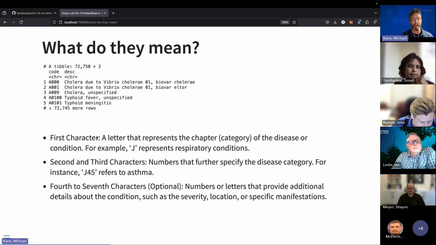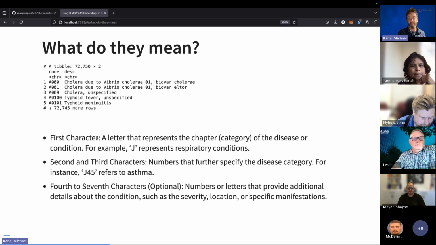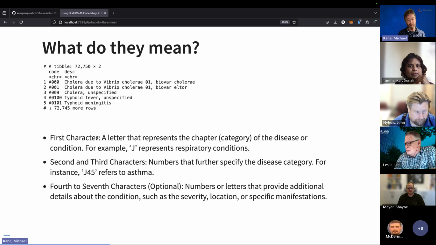Just a little bit more background on the ICD-10 codes: what do they mean? The first letter represents a category of disease. As an example, J represents respiratory conditions. The second and third numbers further specify the disease category. For example, J45, so J is respiratory, 45 actually corresponds to asthma.